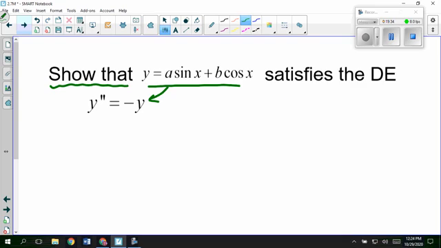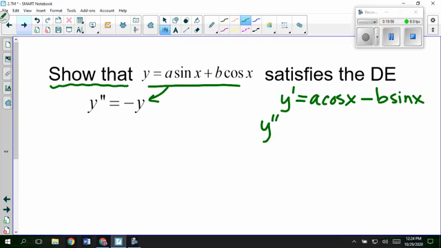So over here, I'm going to go ahead and find the first derivative as kind of a side note. Derivative of sine is cosine, so we have a times the cosine of x. Derivative of cosine is negative sine, so we're going to go with a negative b sine of x. That's the first derivative.